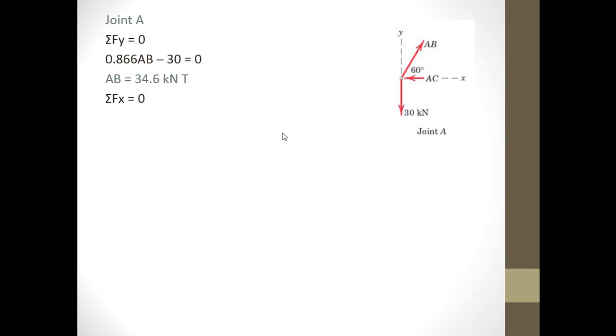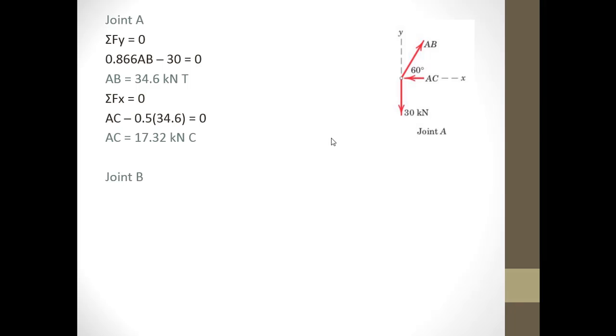Then I'm going to take the Fx to find AC. AC minus 0.5 multiplied by 34.6 is equal to 0. So AC is equal to 17.32 kilonewton, and it's in compression because I assumed that it's in compression, so it's not a minus, so what I assumed is correct.